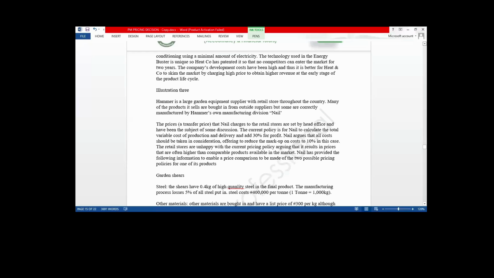The current policy is for NAIR to calculate the total variable cost of production and delivery and add 30% for profits.